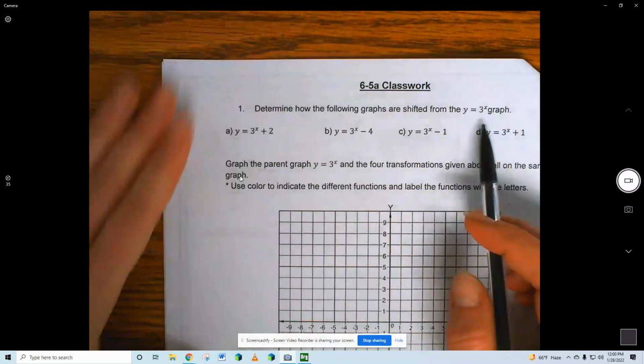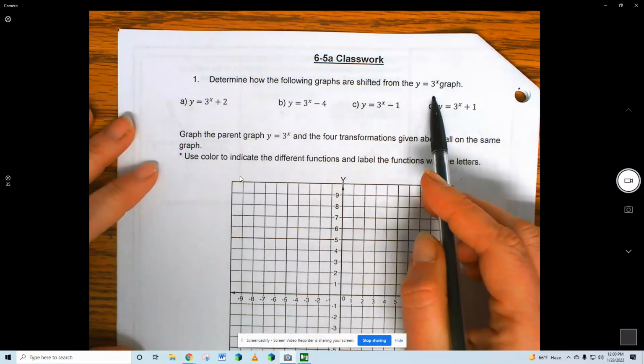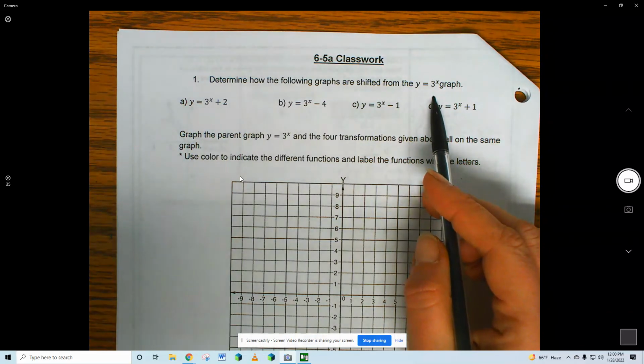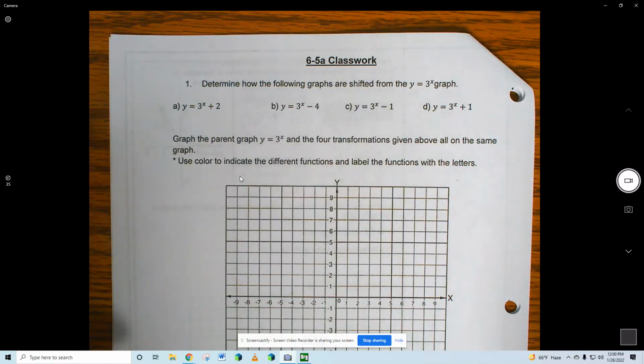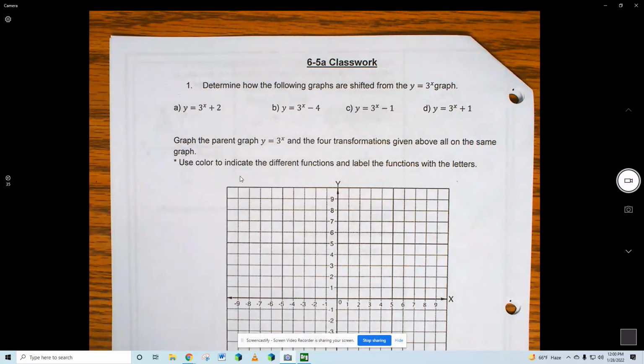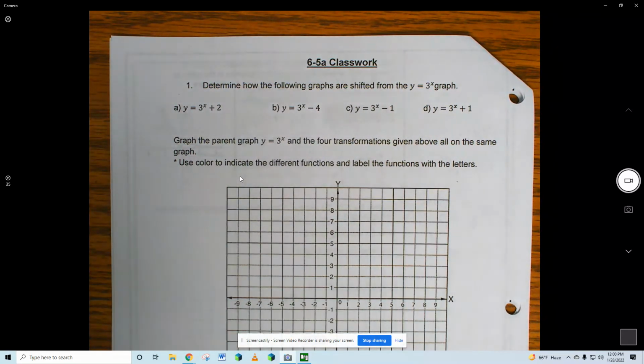I want to give you my parent function table of values. Can you turn to this page where it says 3 to the power of x? All of this page is 3 to the power of x.